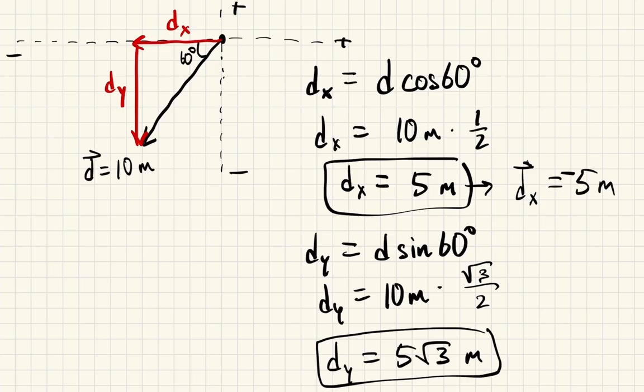And what this would tell us is that the displacement vector's x component has a magnitude of 5 meters and goes in the leftwards direction. Likewise, since downwards is the negative direction, the y component of the displacement is going to be -5√3 meters.